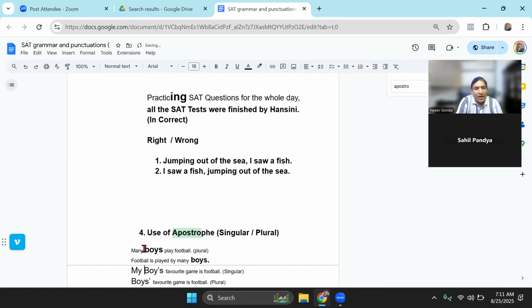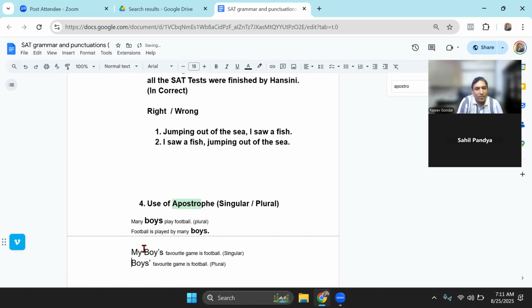My boy's favorite game is football. Boy's means this is singular, just one boy. It's my boy, just one boy. But if I say boys' favorite game is football, what does this mean? They're your boys, but there's more than one of them, or maybe many boys.